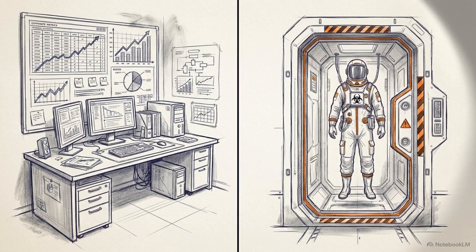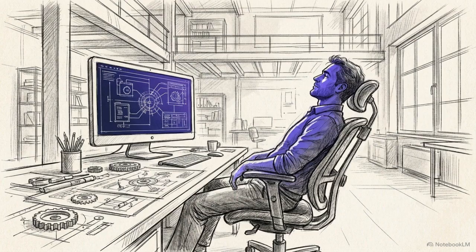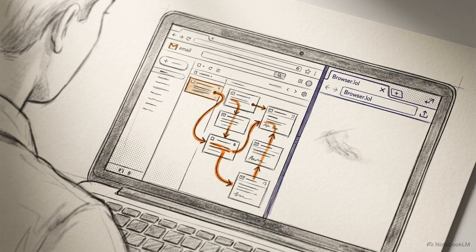Sendwin functions as a permanent digital office, while Browser.lol acts as a temporary digital hazmat suit. For agency owners, Sendwin's monthly cost pays for itself the first time it prevents a major client account from being flagged or banned. If you are a privacy advocate or researcher, bookmark Browser.lol so it's ready the next time an untrusted URL appears in your inbox.